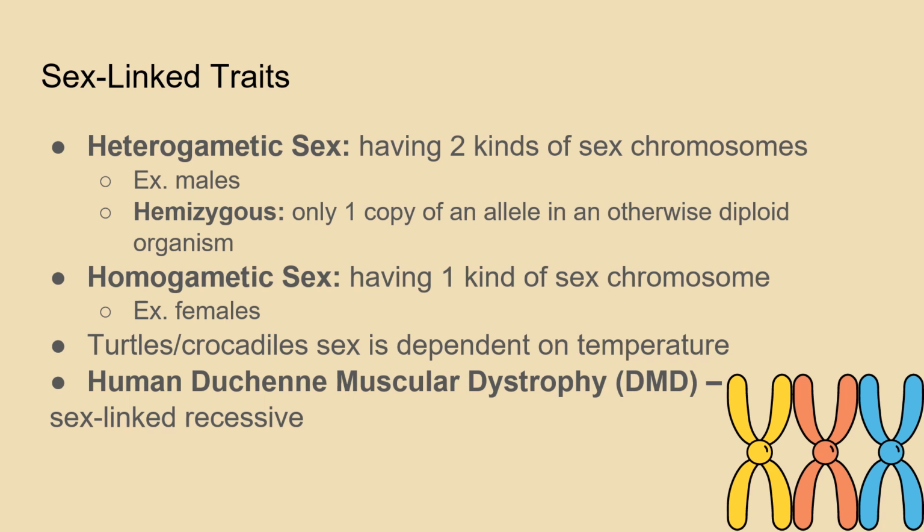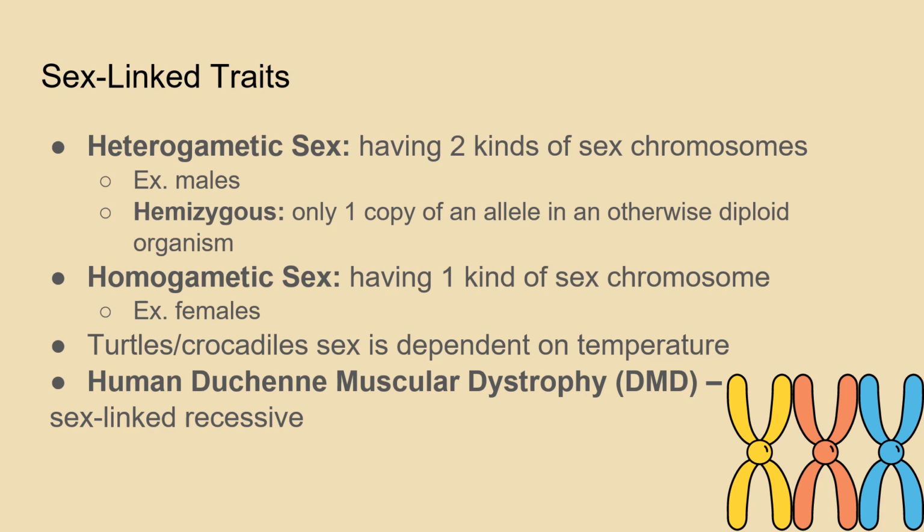So there are also sex-linked traits. Heterogametic sex is just having two kinds of sex chromosomes, and that's seen with our males. Just think hetero, different kinds of sex chromosomes, because males have the X and Y, and they can also be described as being hemizygous, which just means you only have one copy of an allele in an otherwise diploid organism, just because they have that X and Y again.